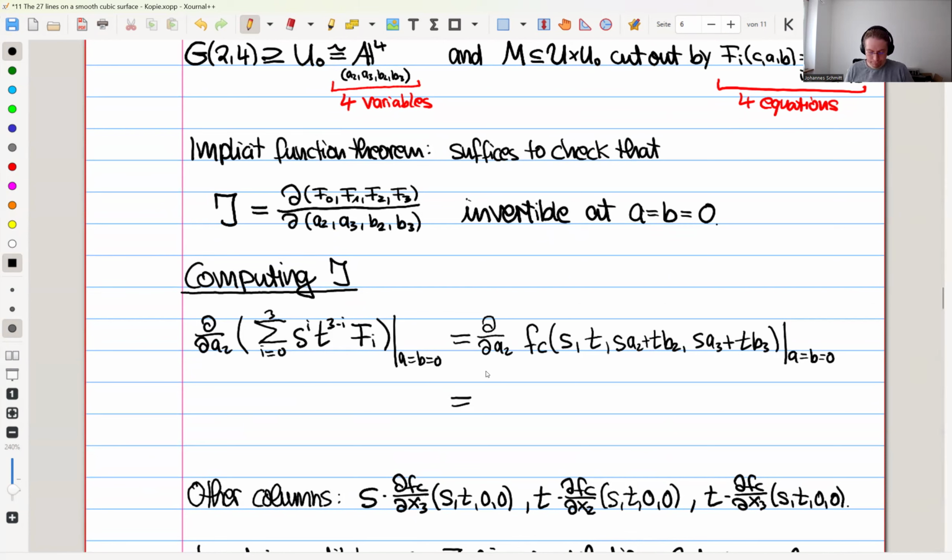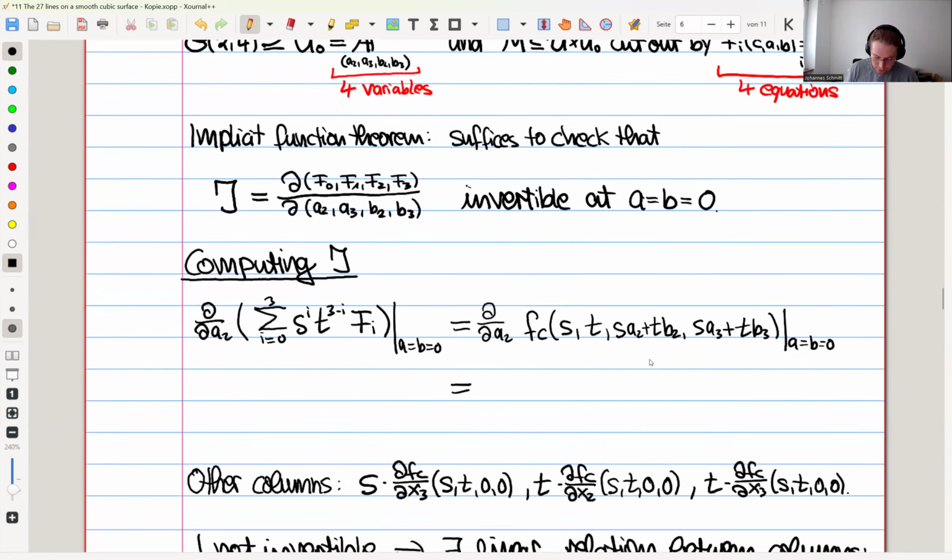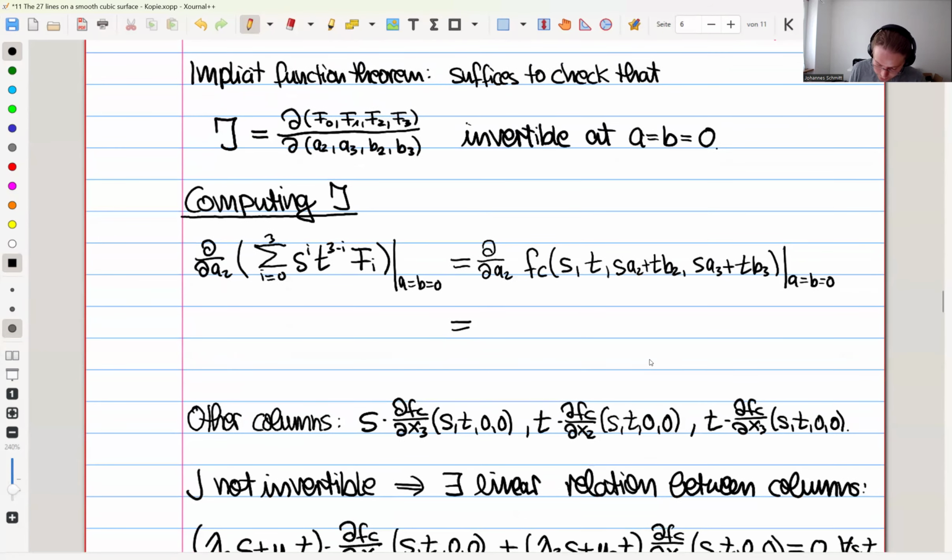And now taking this derivative is okay, because we see the a2 actually only appears in one entry of this fc, namely, if this is x0, x1, x2, x3, it's the x2 entry. And then we just apply the rule of derivative that we know. So take the inner derivative for a2, this is s. And then we have the chain rule.